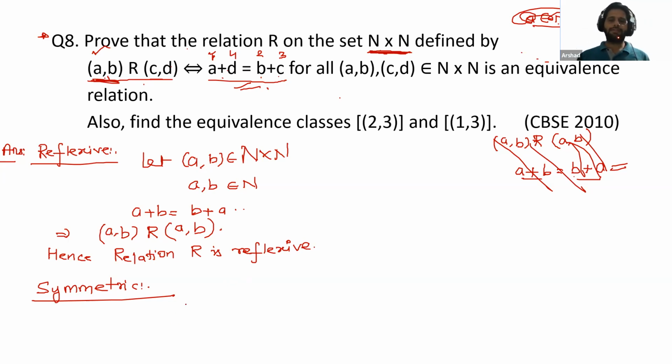Okay, so next is symmetric. I hope everyone has done this. Who can tell me, Noma, please tell me what we need to assume. Let... Noma, in this case, what do we need to assume? Noma, if you have any doubt, then please let me know. Any doubt, Noma, in this?